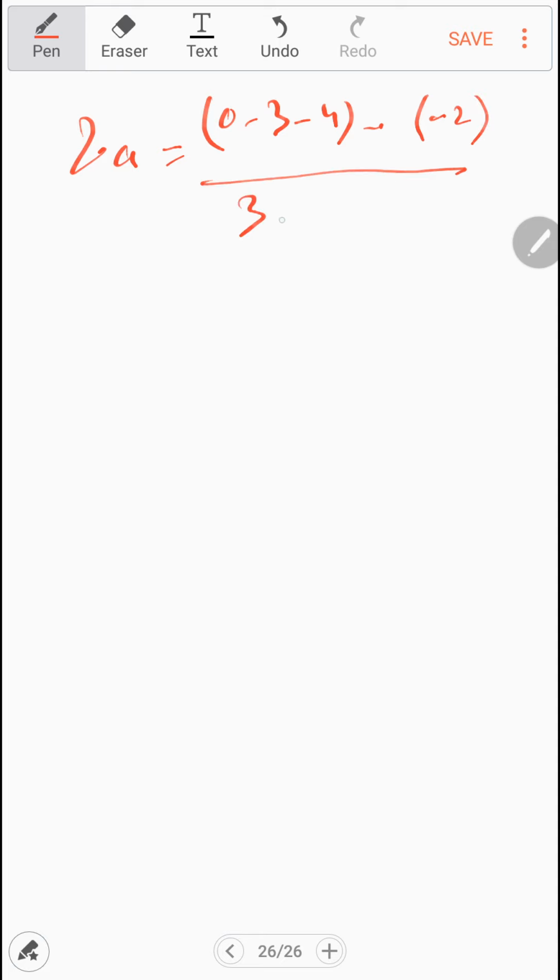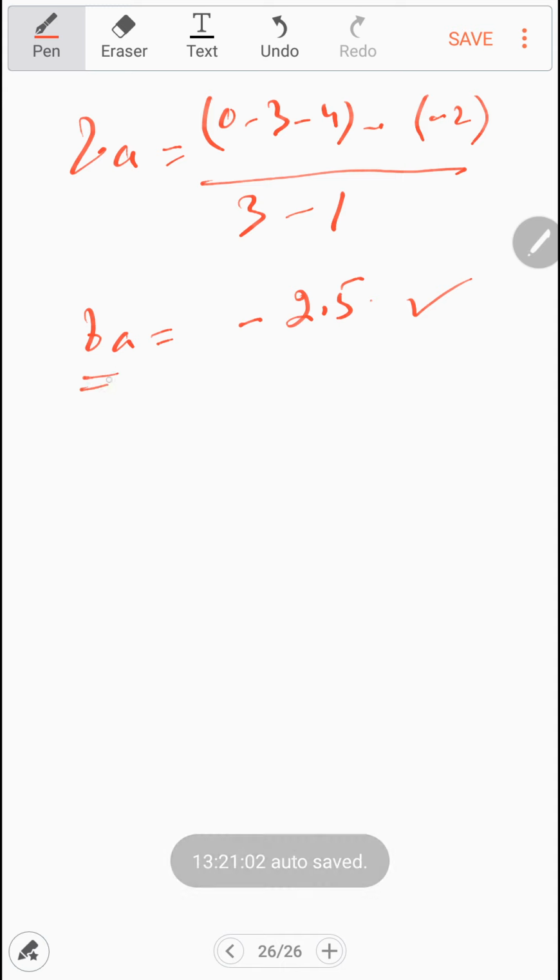Here n is 3, the number of poles, minus the number of zeros, which is 1. So delta A will be equal to minus 2.5. Now this is clear. This means that the point of intersection will be minus 2.5.